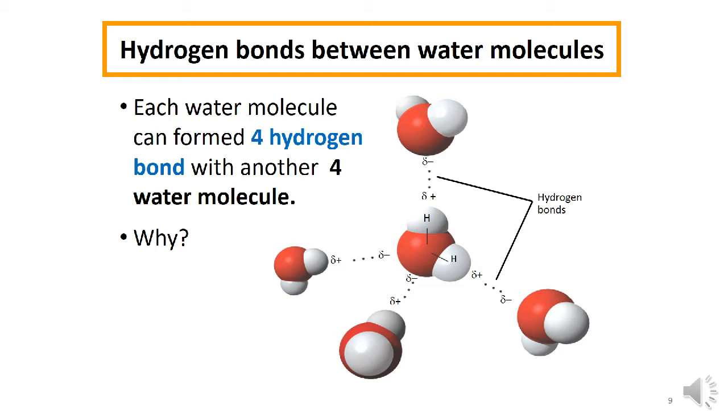Since there are two hydrogen atoms within a water molecule, in total we will have four water molecules binding to this one particular water molecule.